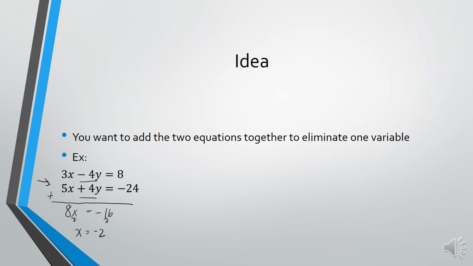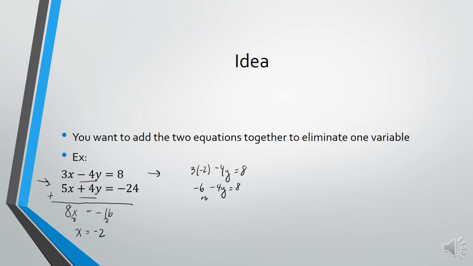Once I get that, then I can plug this value into either one of the equations. It doesn't matter. I'll just pick the first one. If I plug in negative 2 for x, I'll get 3 times negative 2 minus 4y equals 8. So 3 times negative 2 is negative 6.